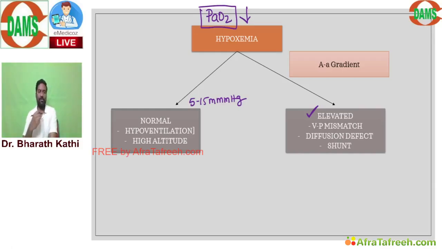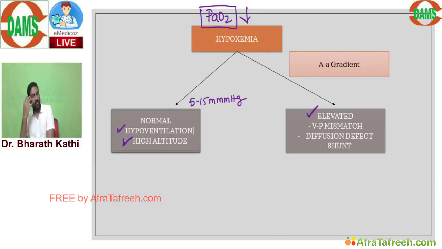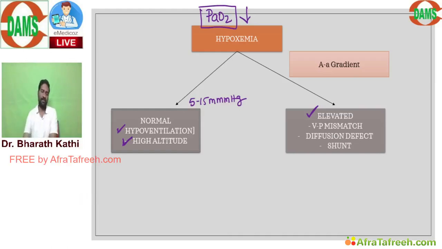Then if the gradient is normal, it can be either a patient who has high altitude sickness, or hypoventilation. Hypoventilation, whenever there is reduced respiratory effort, either due to narcotic use, brainstem injury, or some neuromuscular disorders, all this comes under hypoventilation.